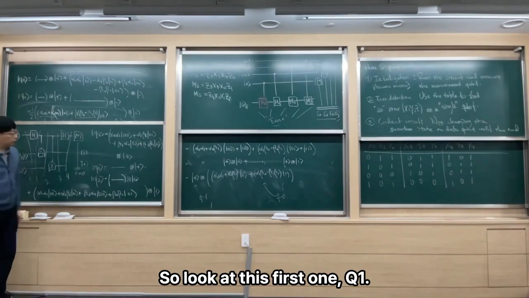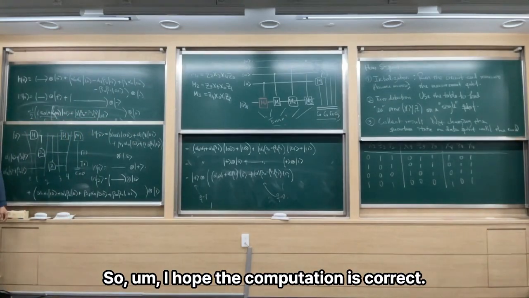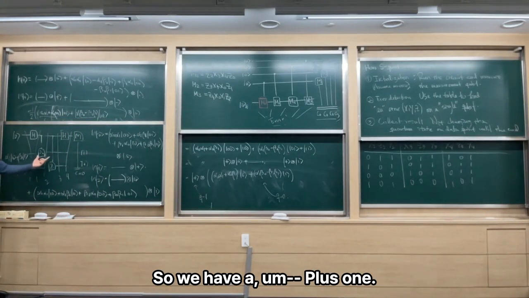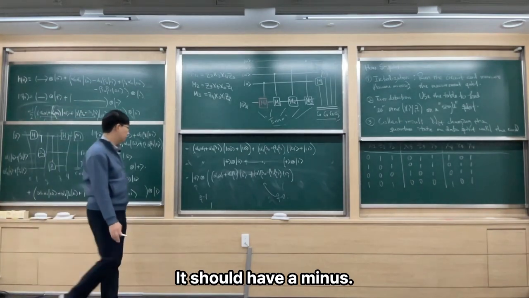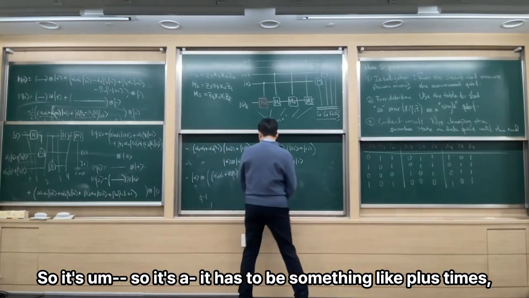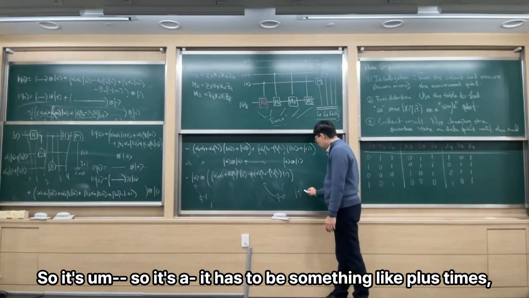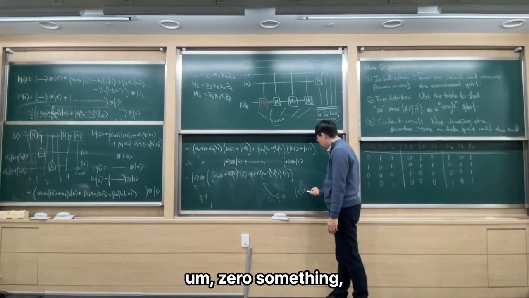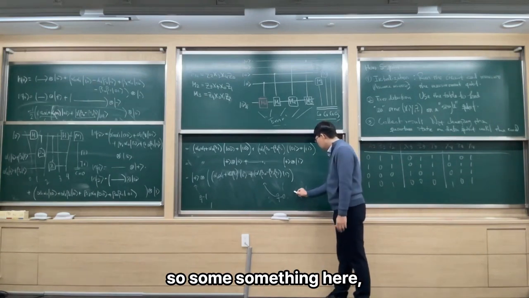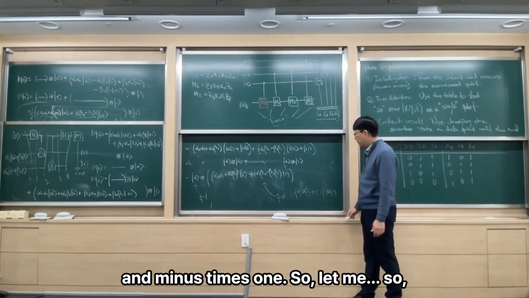So look at this first one, Q1. I hope the computation is correct. So we have a plus 1. It should have a minus. So it has to be something like plus times 0, something here, and minus times 1.